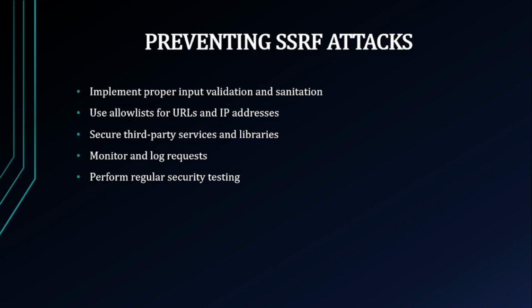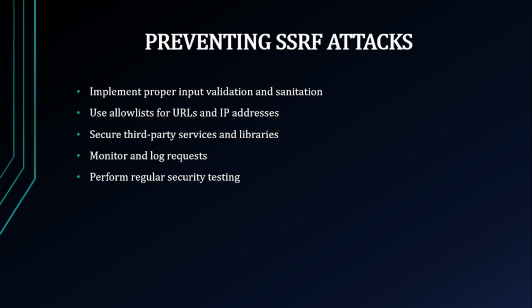Third, secure third-party services and libraries. Ensure that third-party services and libraries used in your web applications are up to date and configured securely. Monitor and log requests. Implement monitoring and logging mechanisms to detect and investigate potential SSRF attacks in real time. Perform regular security testing.